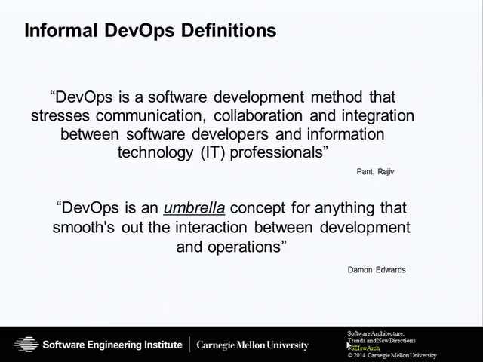DevOps is a software development movement that stresses communication, collaboration, and integration between software developers and information technology professionals. Another one that I really like is that DevOps is an umbrella concept for anything that smooths out the integration between development and operations. Under that umbrella, I would include team collaboration as well as other aspects that I'm going to talk about in a moment.